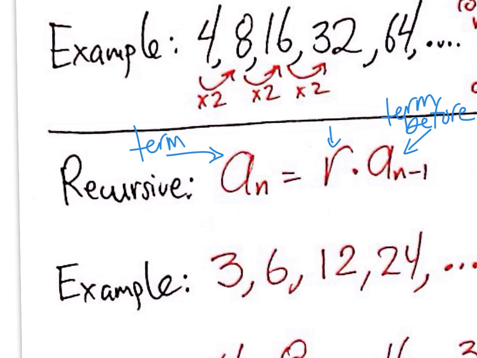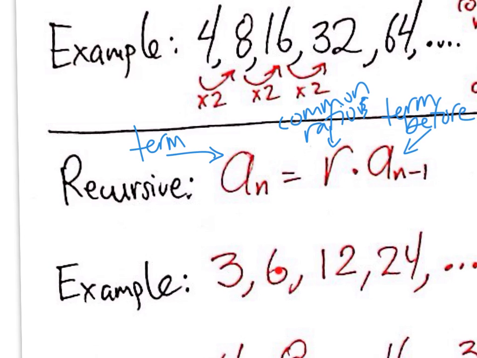And this R is the common ratio. We're seeing that we multiply by something every time. So any term is equal to the previous term times the common ratio. This is sort of the general way of coming up with a recursive formula for a geometric sequence.